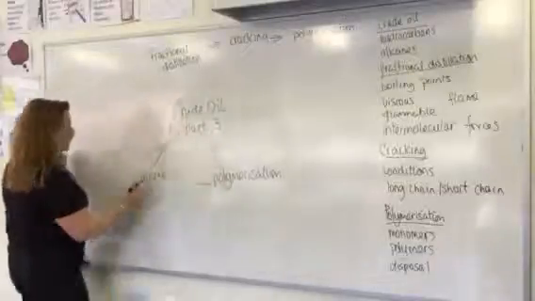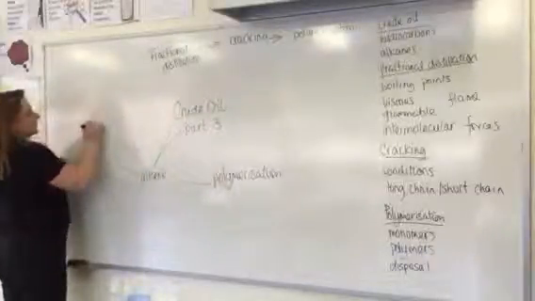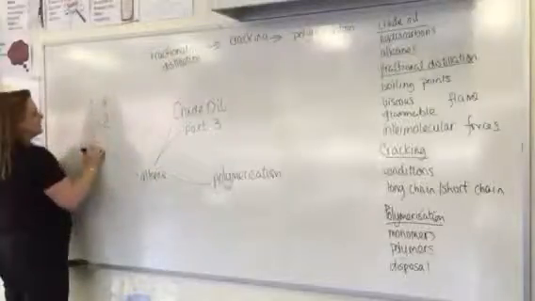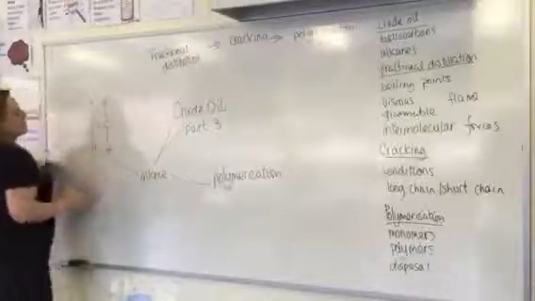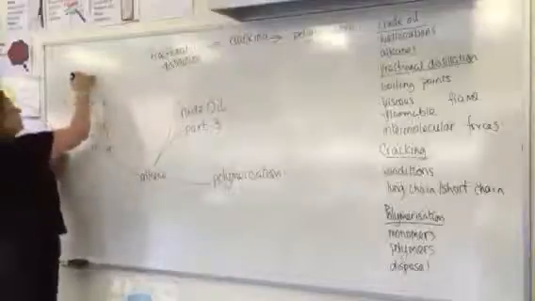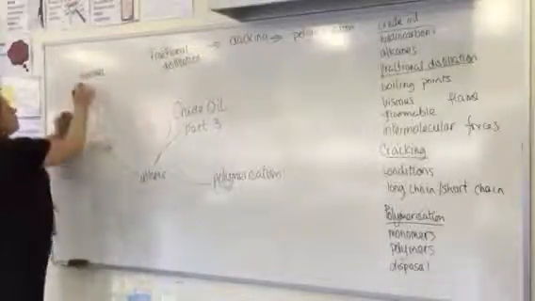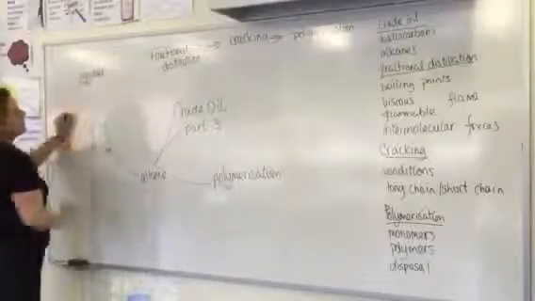Now, the alkene that we use, like this, is ethene. This has got a name for it, it's a monomer. Mono meaning one, okay?